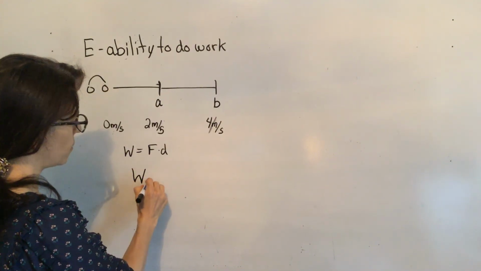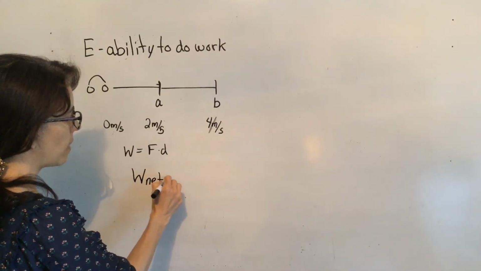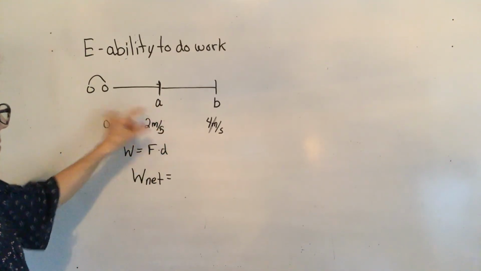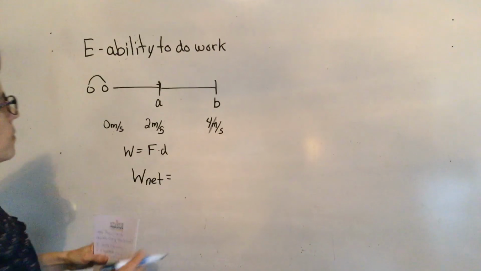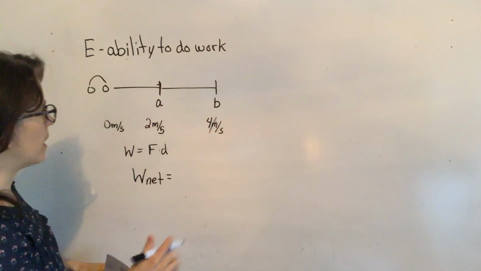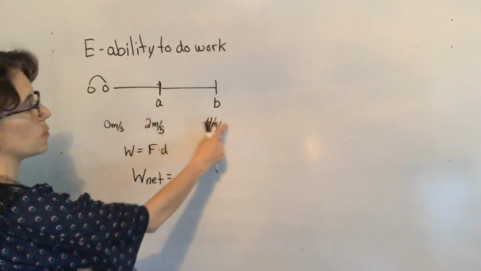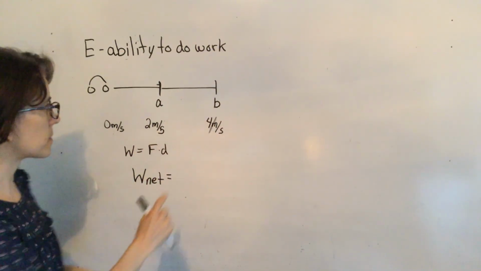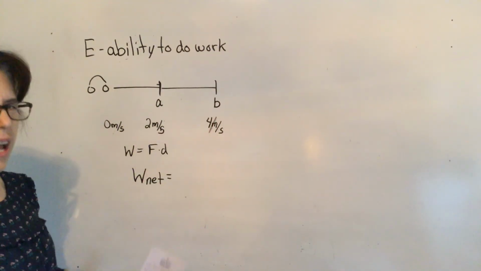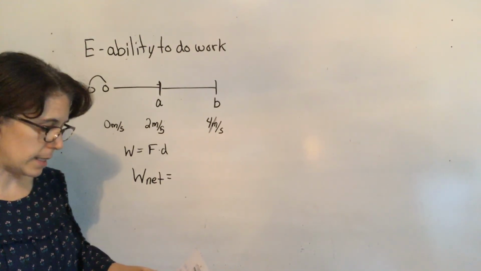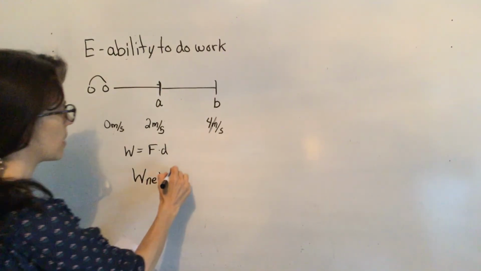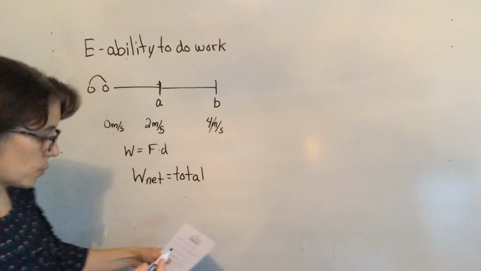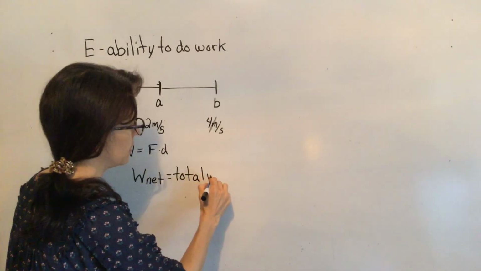When we think about net work, we're not talking about just work done to get to point A. We're going to talk about the overall net work, and we're going to focus in on a force being applied between 2 points in a single direction on a line. And we're going to focus at constant velocity, but we're going to talk about the total work, net work meaning total work, done over a specific distance.